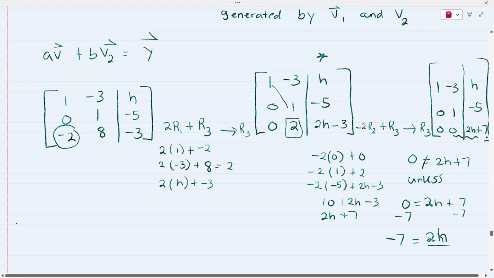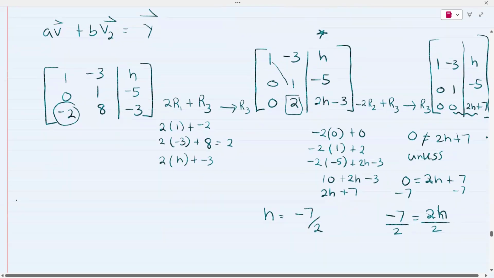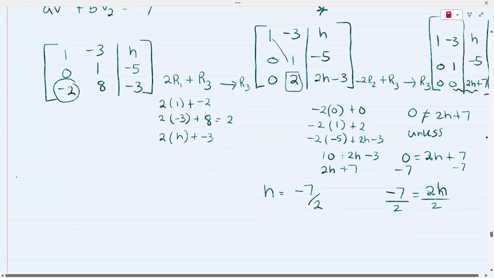Divide both sides by 2, and I get h equals -7/2. So if h does equal -7/2, then y is in the plane.